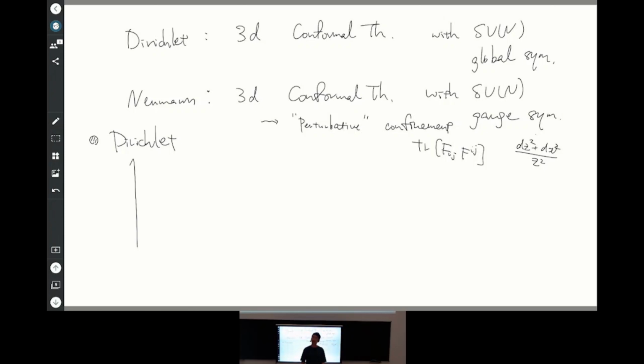Okay. For probably U1 that works. I'm not sure, do you think that works for non-abelian theory?